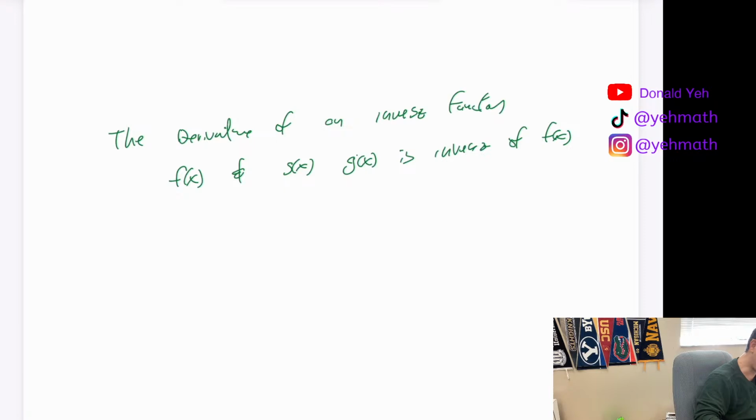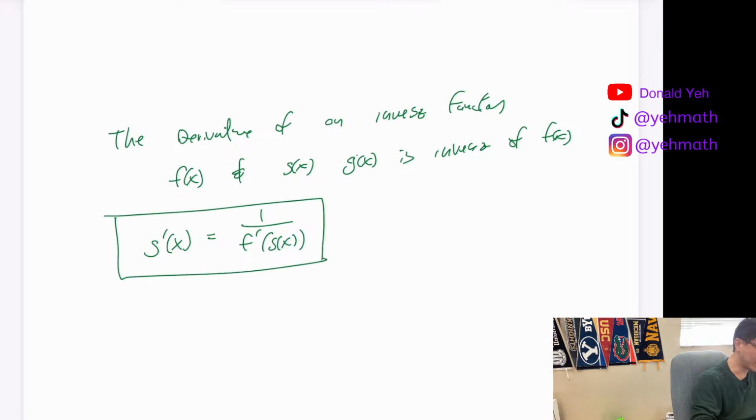If I want to find the inverse function's derivative at a specific x value, it's going to be 1 over f prime of g of x. This one, unfortunately, you can memorize it or you can understand it.